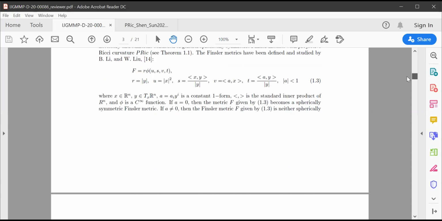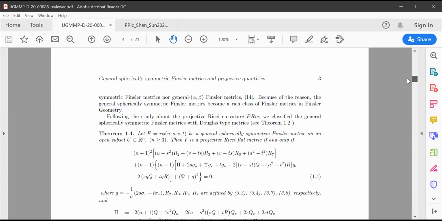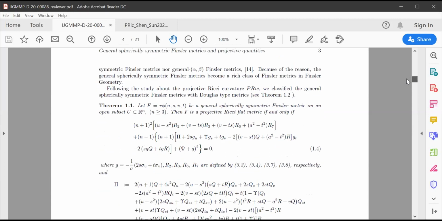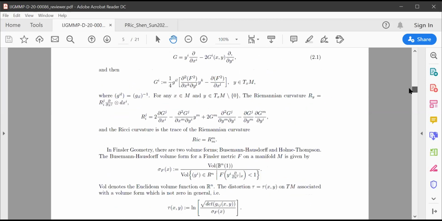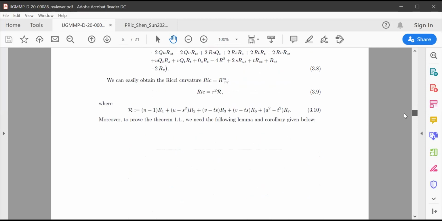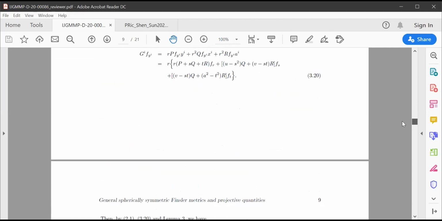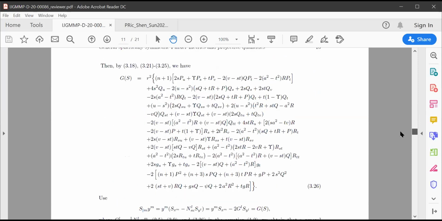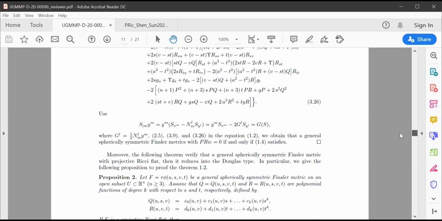So I want to set this to be 0 for some volume form. Projectively Ricci-flat means this particular projective Ricci curvature is 0, for some volume. Then the argument is just one sentence after you compute all those 3 formulas, which you need for the projective Ricci curvature.